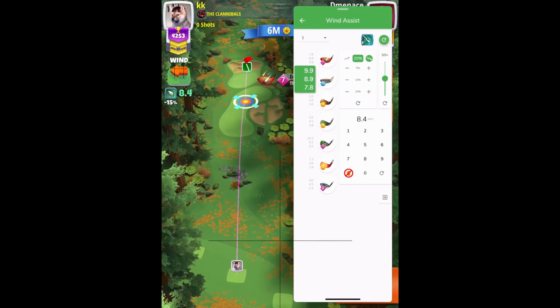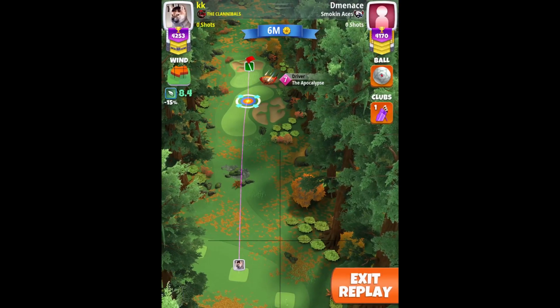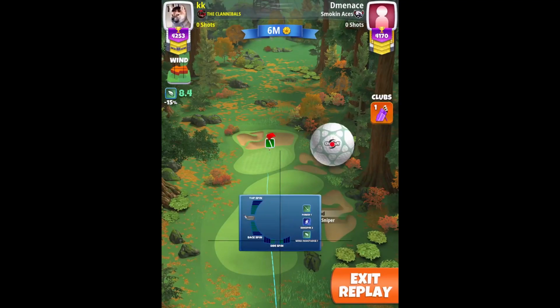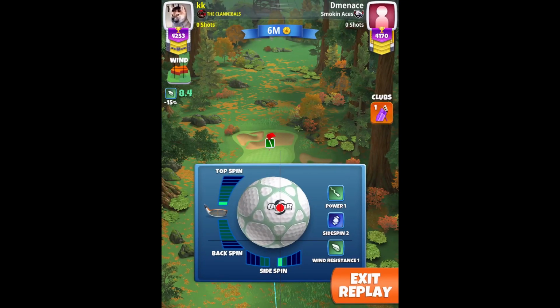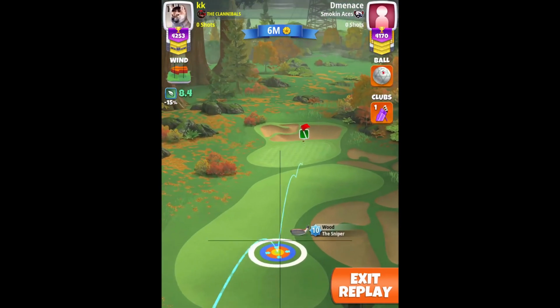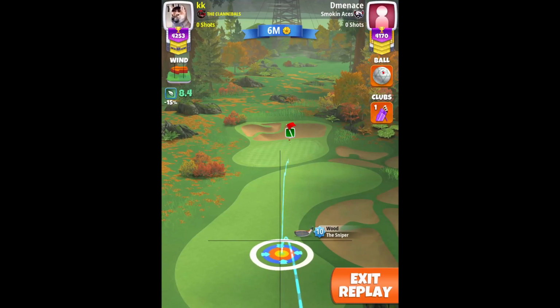Here's another right to left crosswind, but on this one I'm going to be doing a sniper shot. And I'm going to do 1 right spin with about 2.9, almost 3 top spin. With the 3rd bounce on the fringe. Trying to offset to the right.